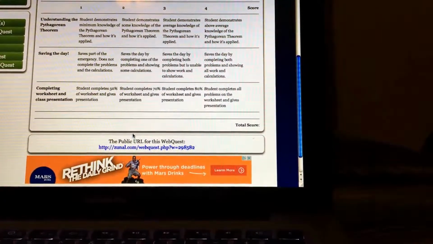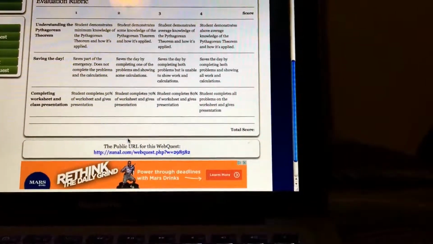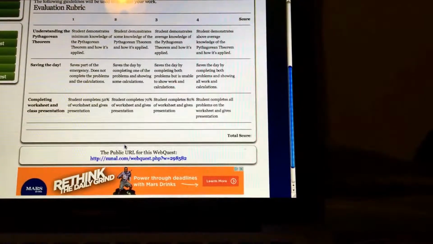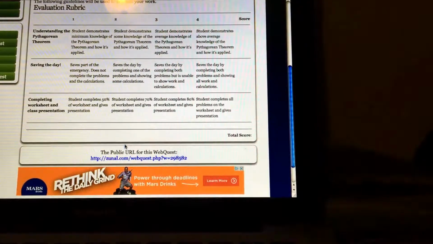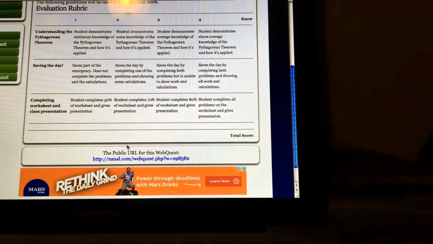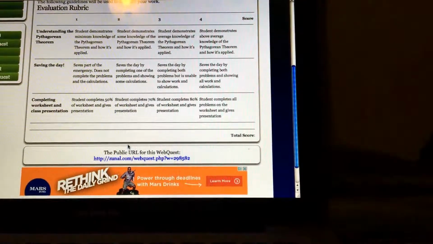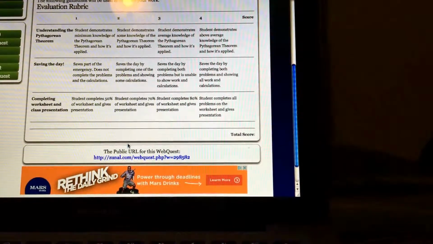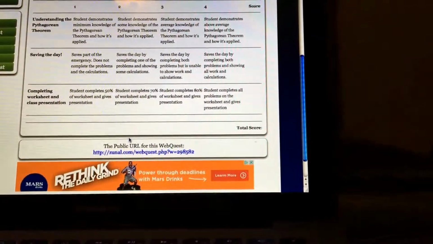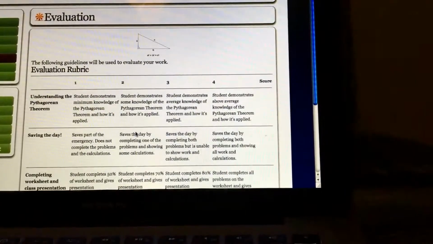A 3 will be given to you if you complete 80% of your worksheet and your presentation, and a 4 will be given to you by completing all your problems on your worksheet and giving your presentation.